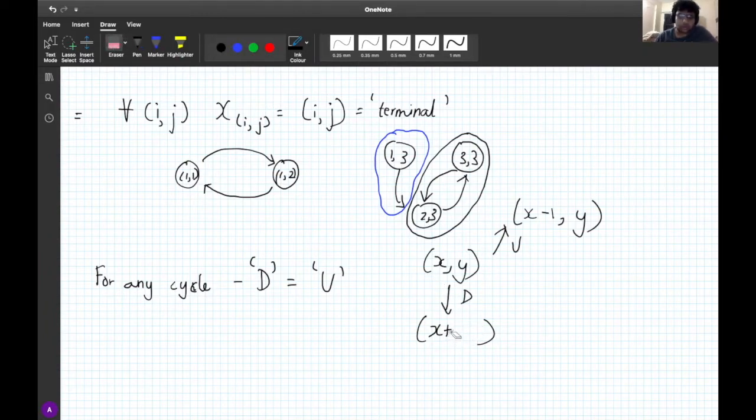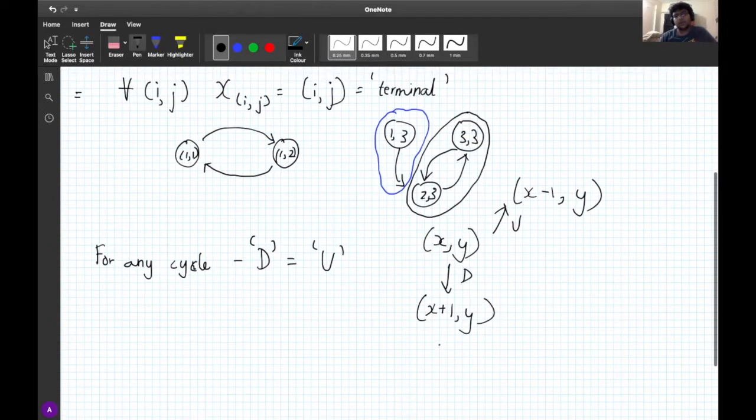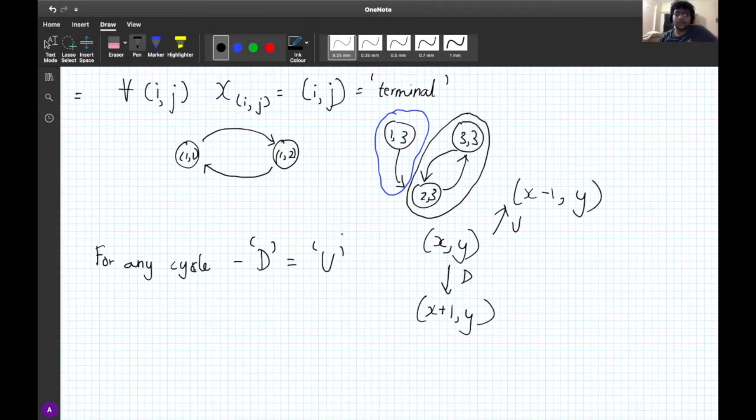I'm sorry, I don't know what I wrote there. It's x plus 1y. R and L have no effect on x, they only act on y. So if eventually this chain has to come back to x, then the u and d need to cancel each other out. So that's why d is equal to u.